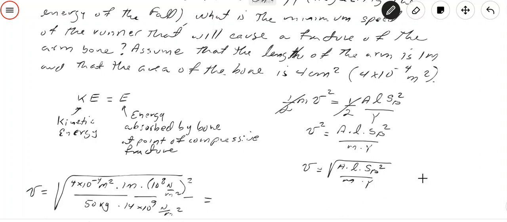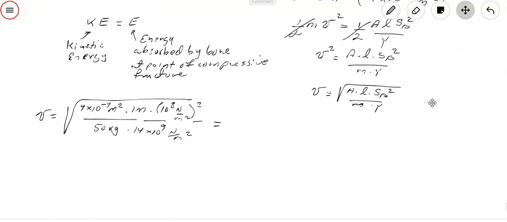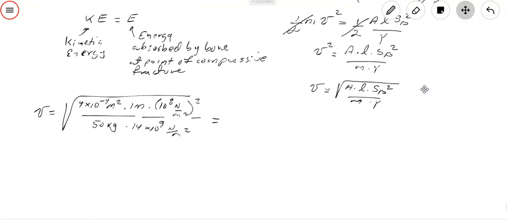Let us make a very quick analysis of the units. This is always very important because this lets us understand if we are working with the correct units, if our formula is correct. So we have meter squared coming from the area. We have meters coming from the length of the arm. We have newton over meter squared, squared. So when you square a newton, you get newton squared.